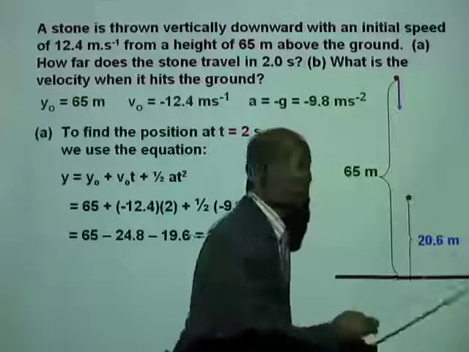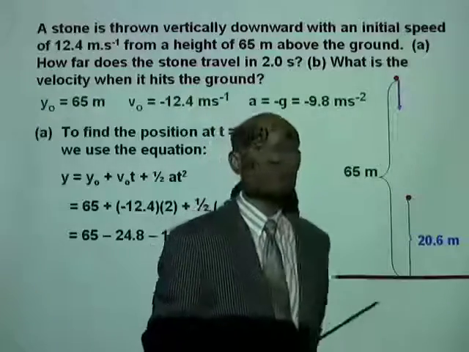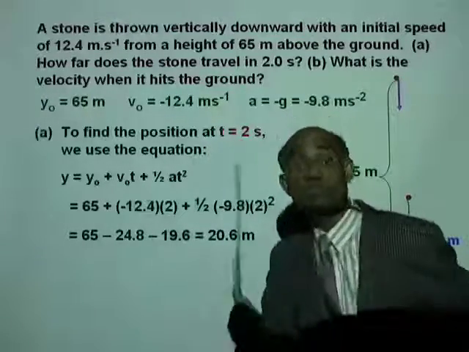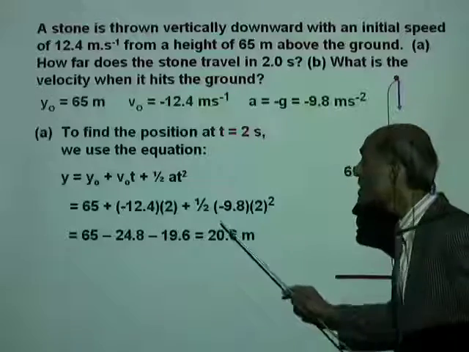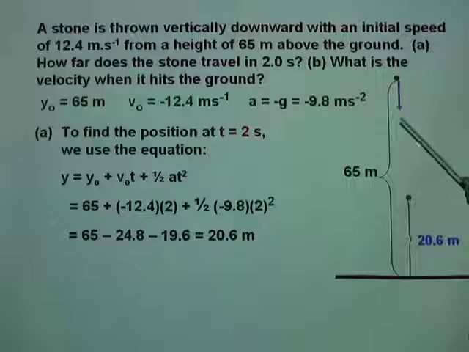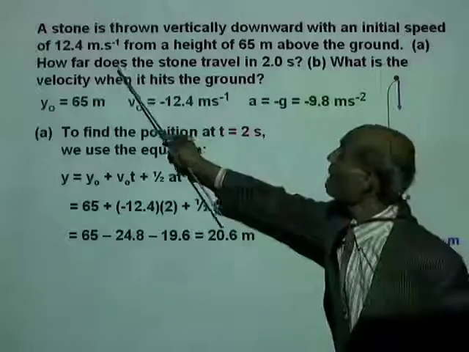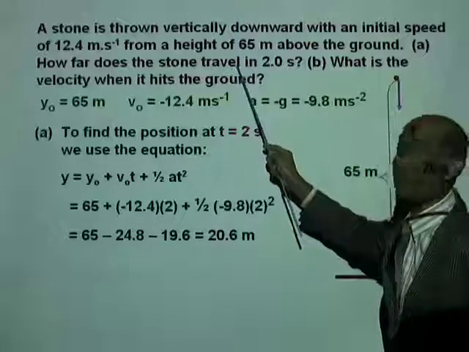This 20.6 is not the distance it has fallen. At the end of 2 seconds, its position is y equal to 20.6 meters. And that means the answer to the question, how far does the stone travel?